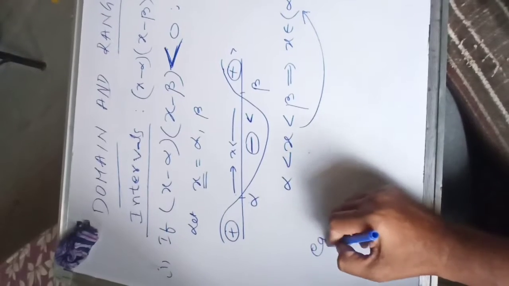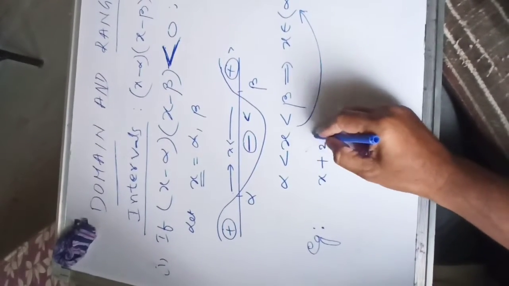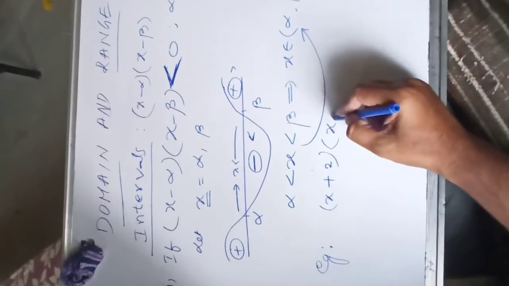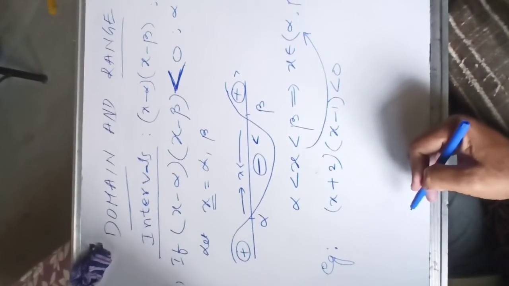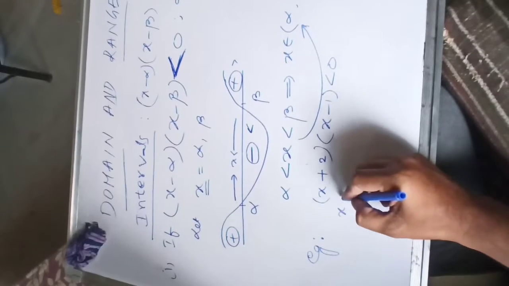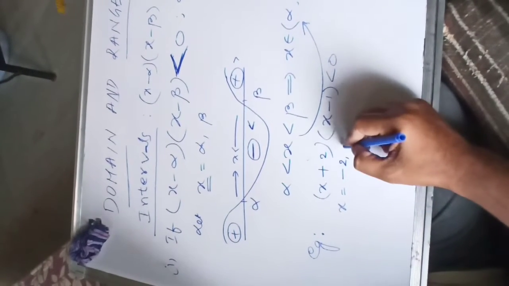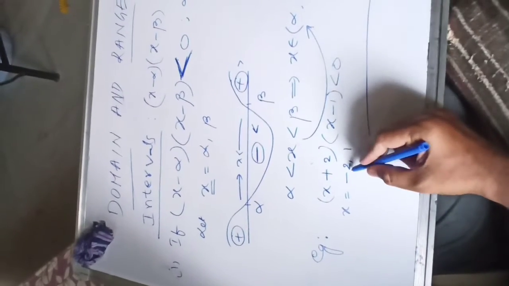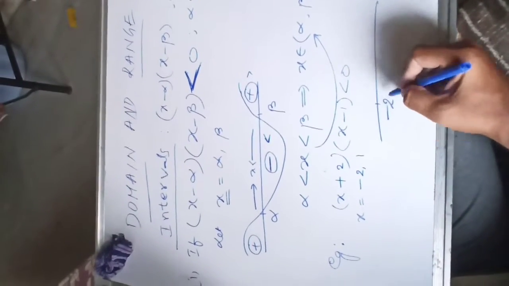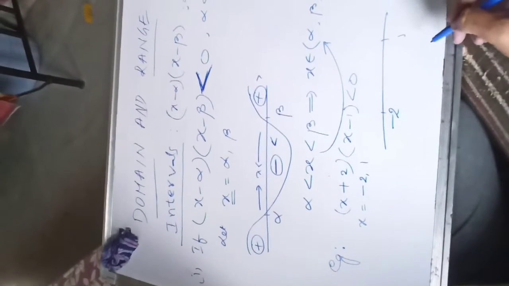Example: x plus 2 into x minus 1 less than 0. So what are the factors? X is equal to minus 2, 1. If you write on the number line in ascending order, the first value is minus 2 and the next value is 1.